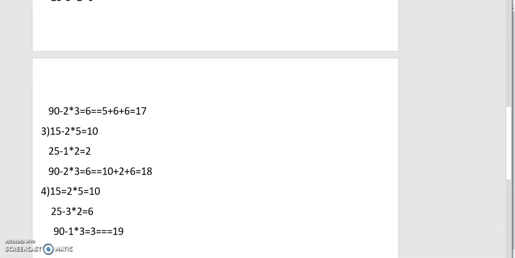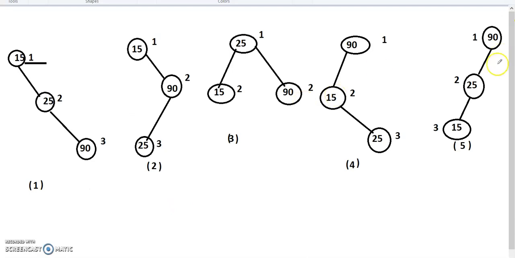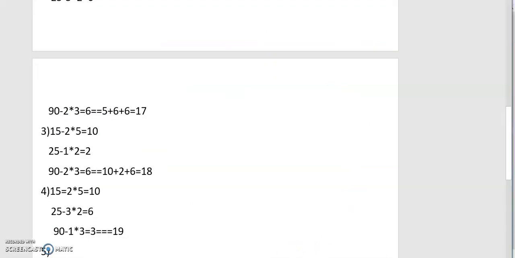Next we will find for the fifth tree. Let's see how many comparisons there are for 15, 25, 90. That is 3, 2, 1 comparisons. For 15, 3 into frequency value 5 equal to 15.